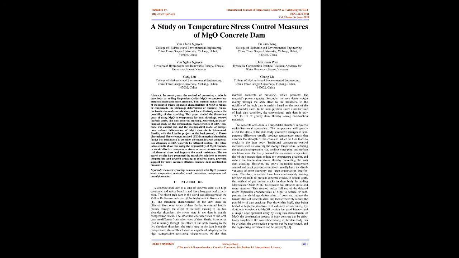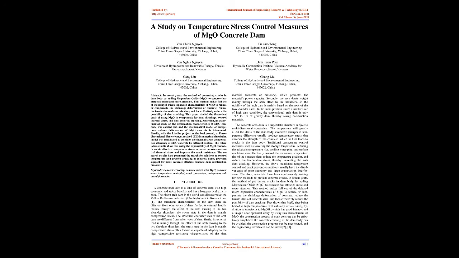The research results have promoted the search for solutions to control temperature and prevent cracking of concrete dams, and provided support for more accurate, effective concrete dam construction measures. Keywords: concrete cracking, concrete mixed with MgO, concrete dams temperature control, crack prevention, autogenous volume deformation.